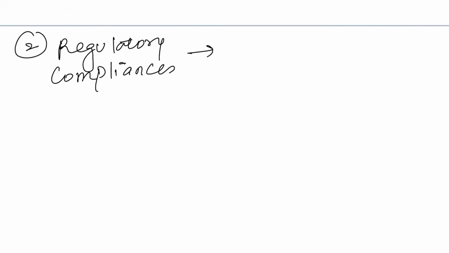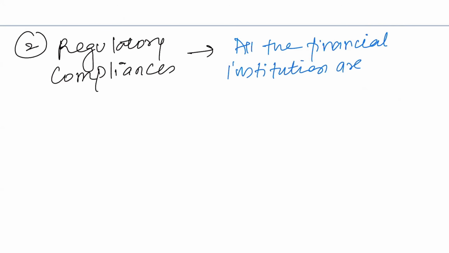So if you see all the big banks, or let's say any financial institution, all the financial institutions are required by regulators to calculate value at risk.